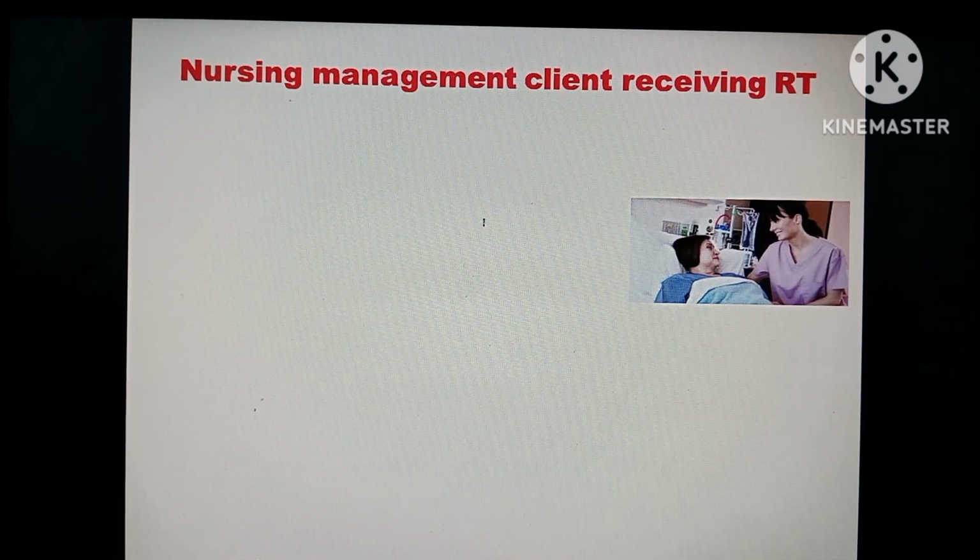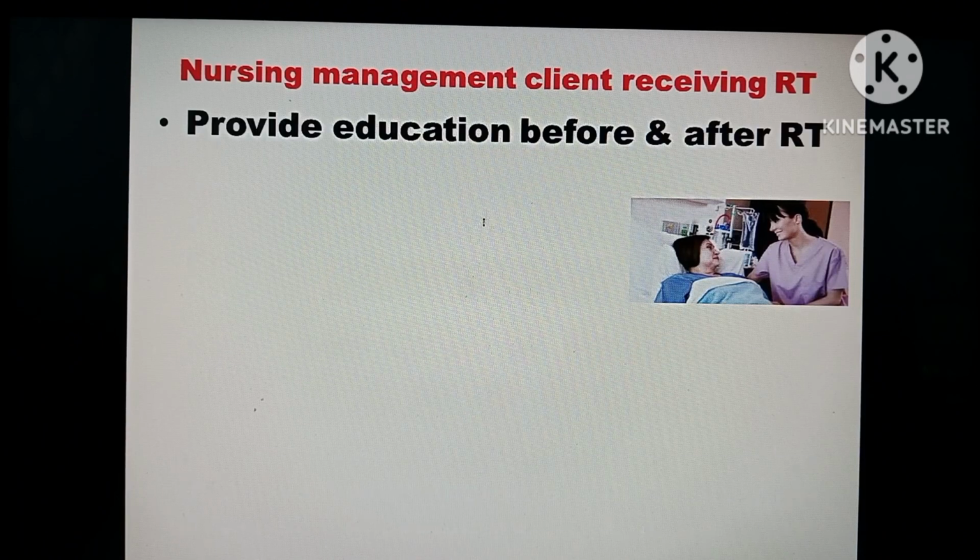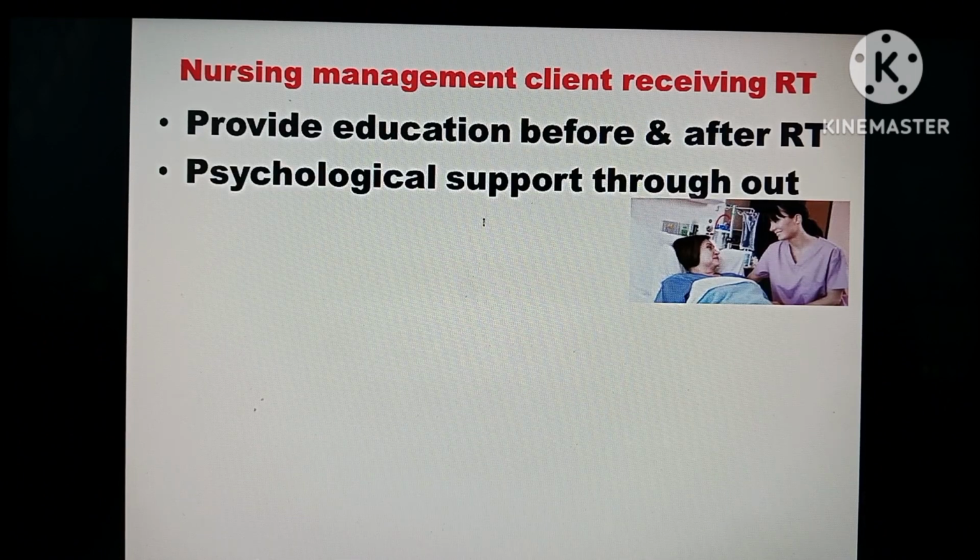So, what is the nursing management of a client who is receiving radiation therapy? The nurse has to prepare the client before receiving radiation therapy as well as after receiving it. Everything should be provided in a rational way, you should not make the client undergo a panic stage. Give health education and psychological support throughout, before, after and whenever she comes to the outpatient department to receive the therapy.